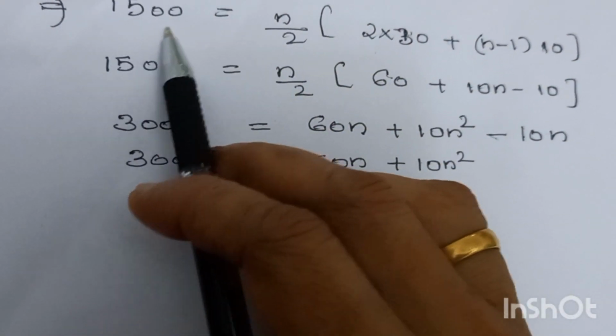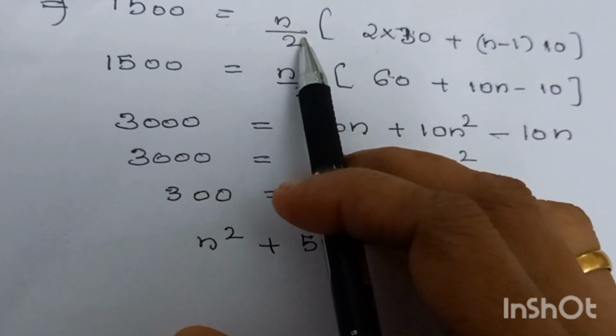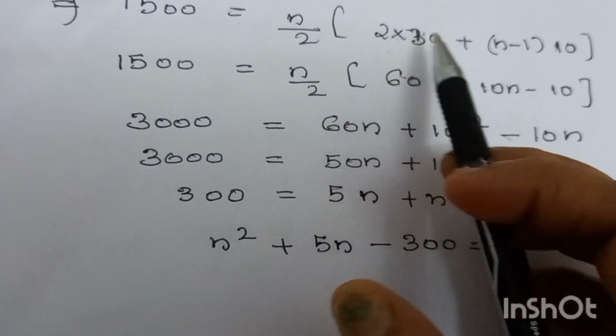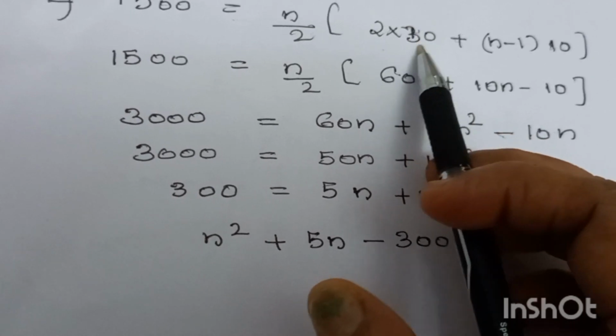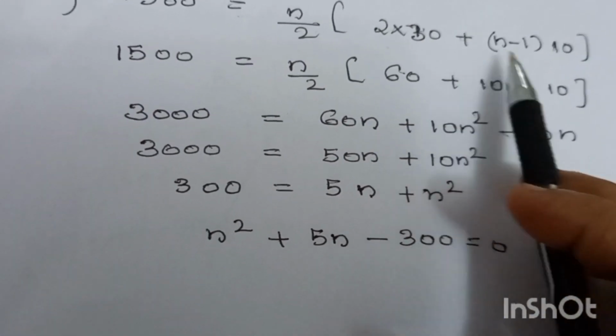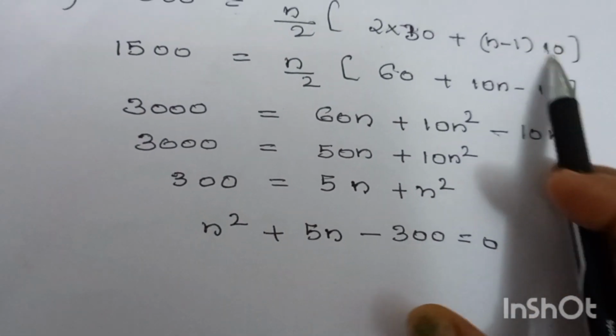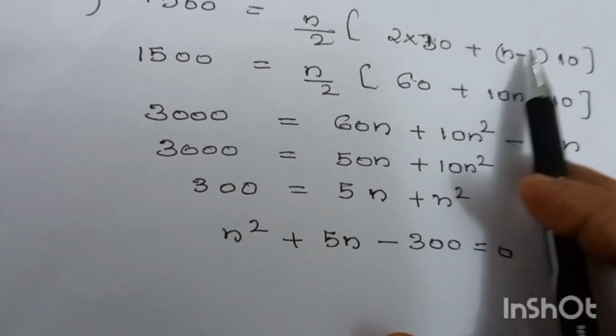Sum is given, 1500 is equal to n by 2 in bracket 2 into a. In place of a we substitute 30, plus n minus 1 into d, where d is equal to 10. We have to find the number of rows.